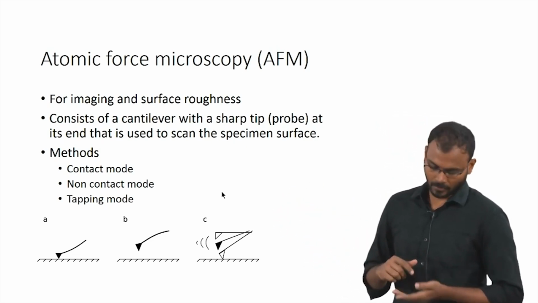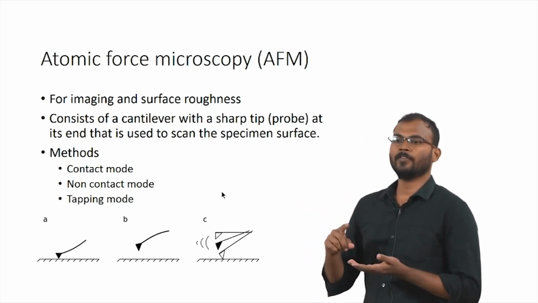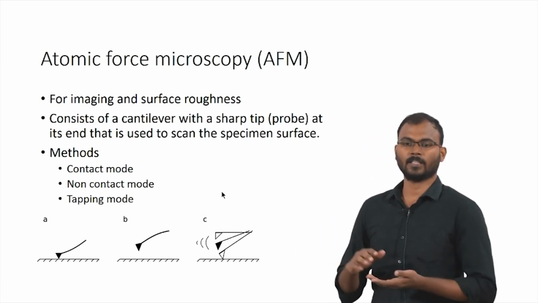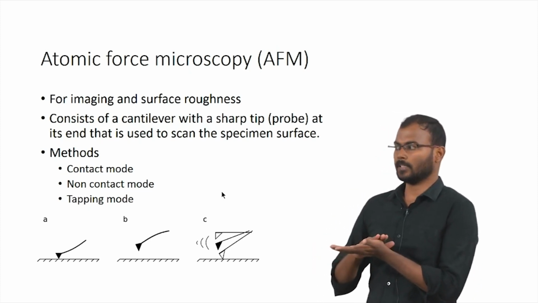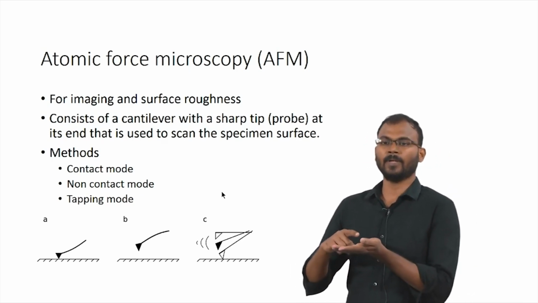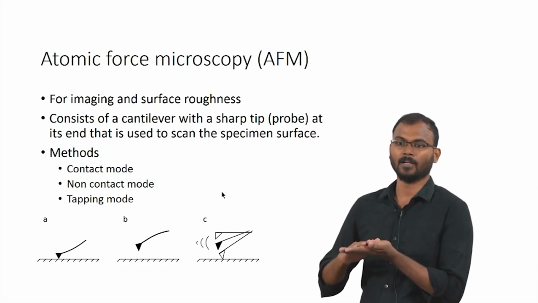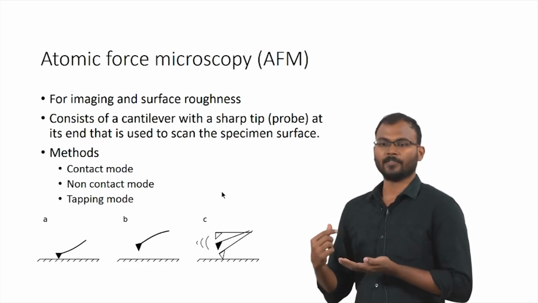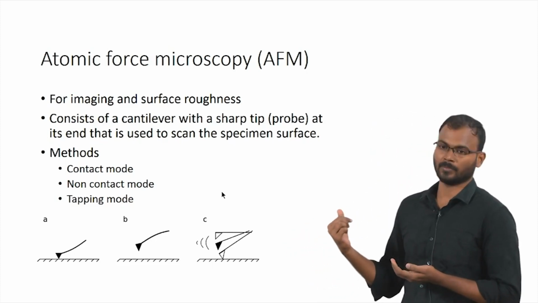In tapping mode, the cantilever moves at a frequency within its resonant frequency, and based on the surface of the material, the movement is inhibited by the electrons on the surface. That difference is observed as a voltage difference, which gives the atomic force image.